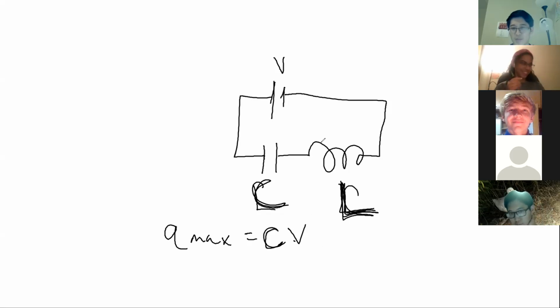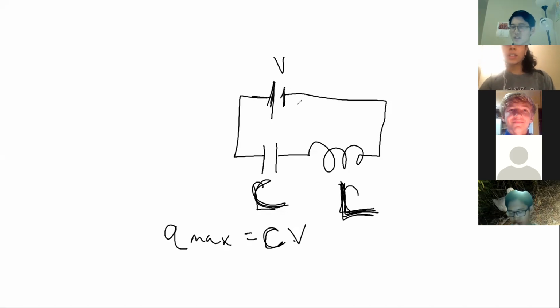We have to be a bit careful, because remember, this guy oscillates. Wait, hold on, what's the exact question? Normally in an LC oscillator, you won't have a voltage source here. This is just to charge it initially. What is the max charge initially, is that what it's asking?